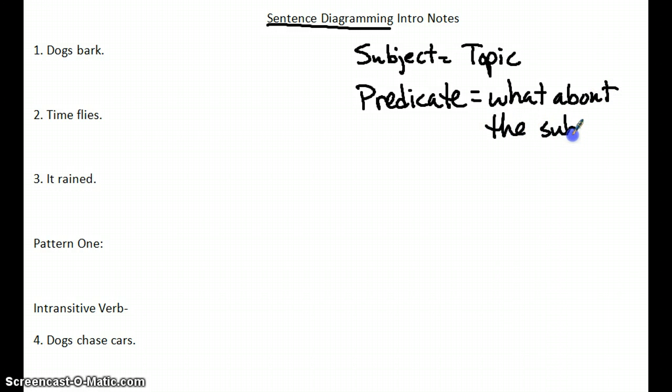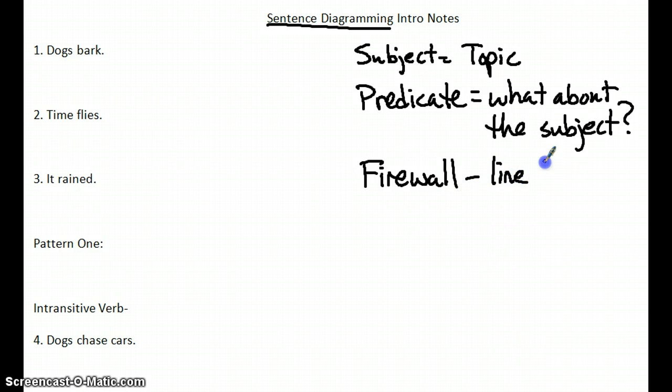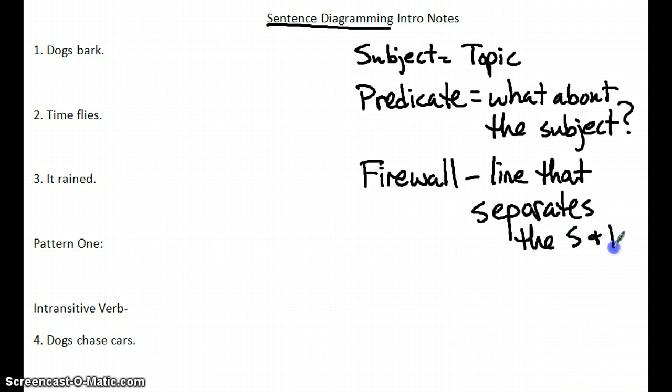When we diagram, we place what I like to call a firewall between the subject and the predicate. It's just a line that separates the subject and predicate, okay? Because those are the two basic ingredients in any independent clause, any independent thought, okay?